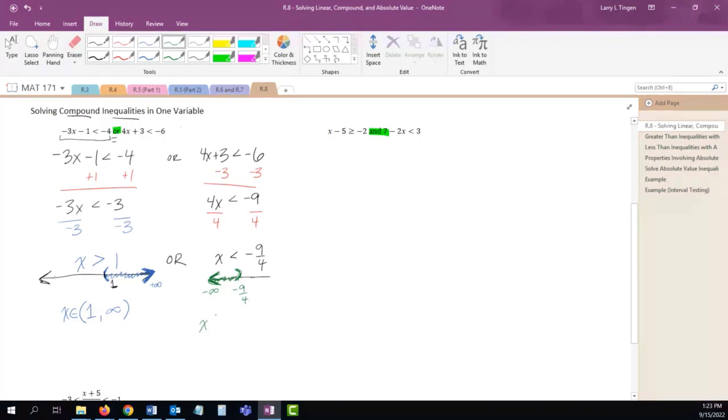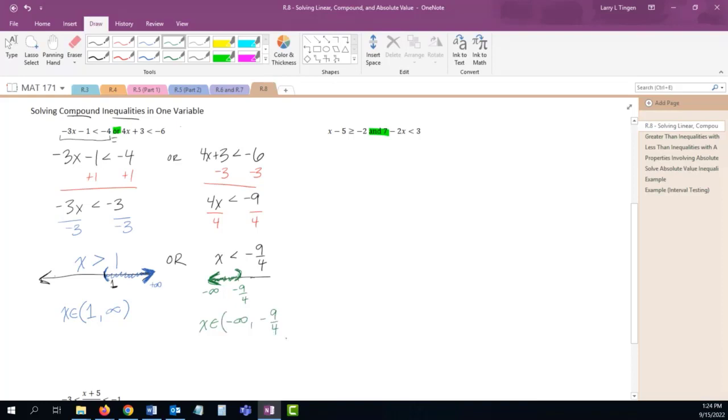When you're writing an interval notation, here's the nice part. If you have one of the arrows included, you have an infinity involved. And then if you have another number, the number is typically listed. So in my inequality here that I've drawn on the number line in green, I always read left to right. So I'm starting out at negative infinity, and I go all the way up to negative 9/4.